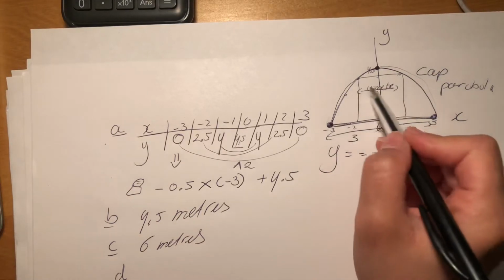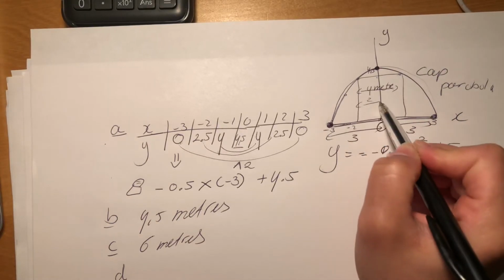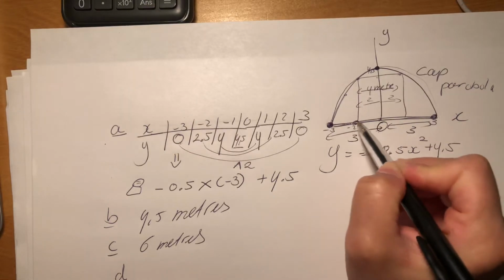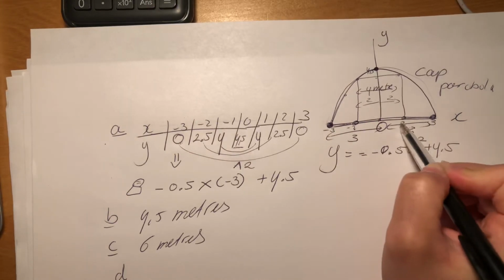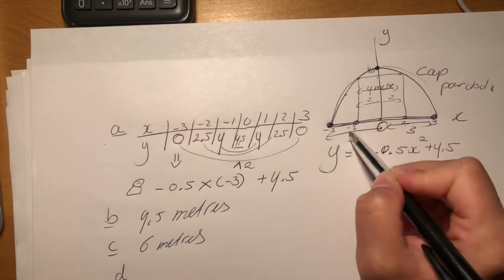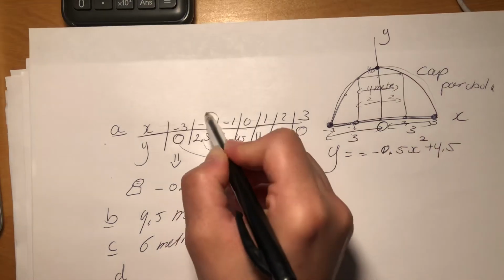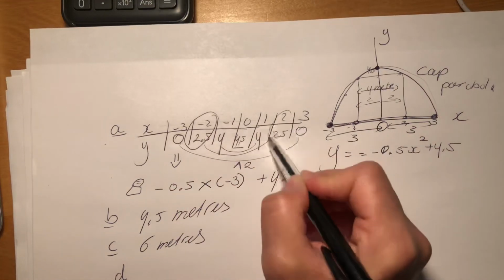Well, you know 4 meters in total, so 2 meters on the left, 2 meters on the right. So you have to look at the height at -2 and the height at 2. You look at the y coordinates at x minus 2 and x 2. That height is 2.5, and also at 2 it's 2.5.